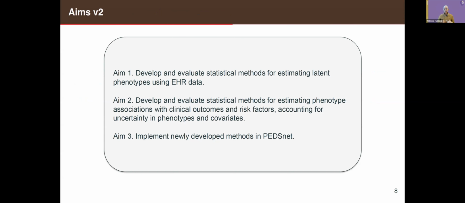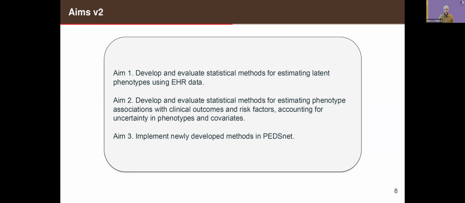So with that in mind, we put together our revised set of aims. Aim 1 is still the same. We're still doing statistical methods for EHR-based phenotyping. Aim 2 now looks kind of the same. It's about taking those phenotypes from Aim 1, incorporating them into analyses, and accounting for and properly propagating the error associated with using an imperfect variable.